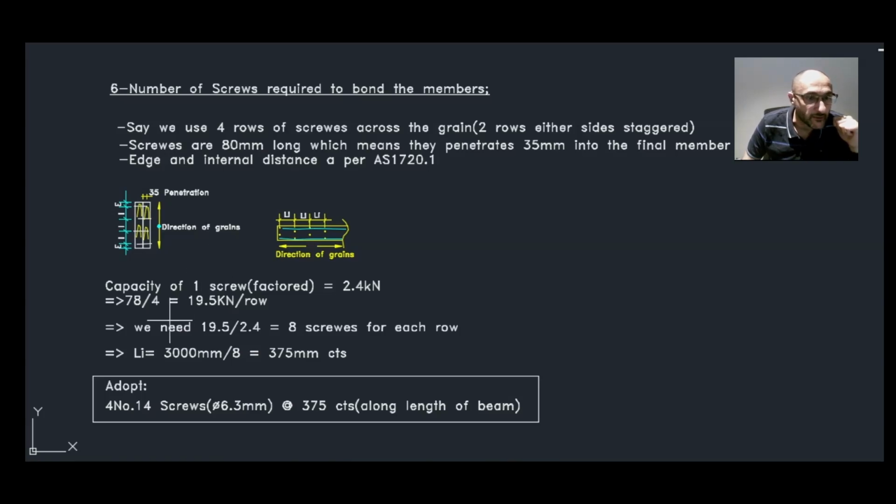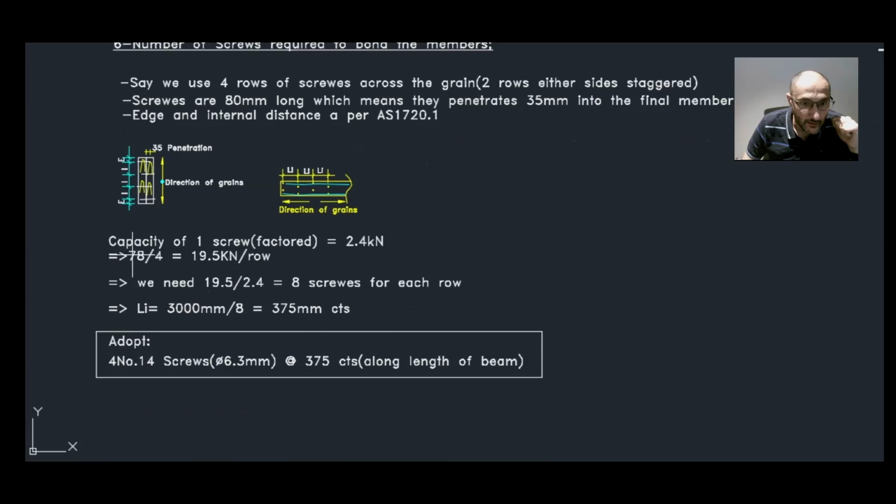Where are we? So going back to our problem, we need now to work out the capacity of one screw. So we know that the capacity of one screw is given to us as 2.4 kilonewton, okay? So we have 78 kilonewton throughout the longitudinal shear force, and we have 4 rows proposed.